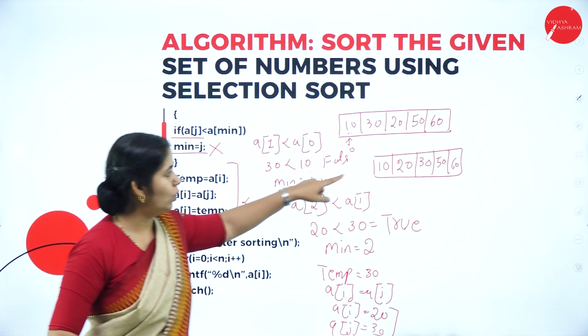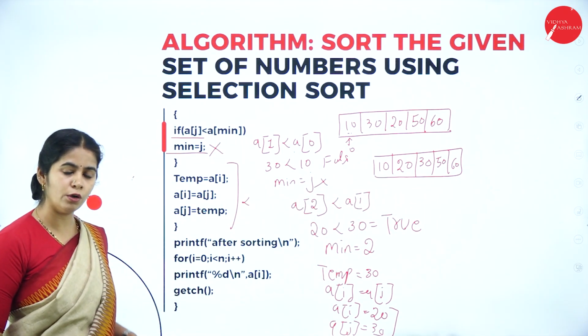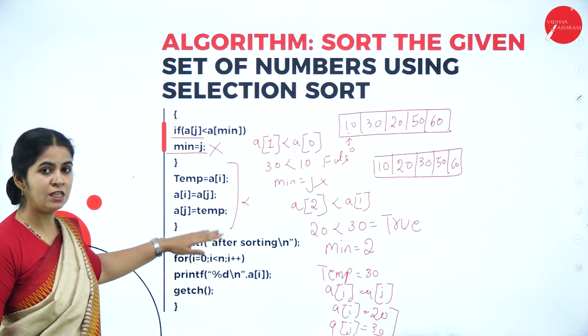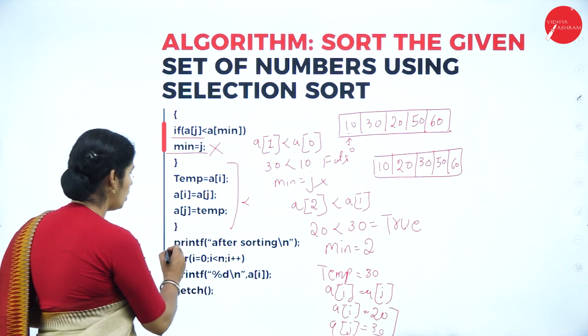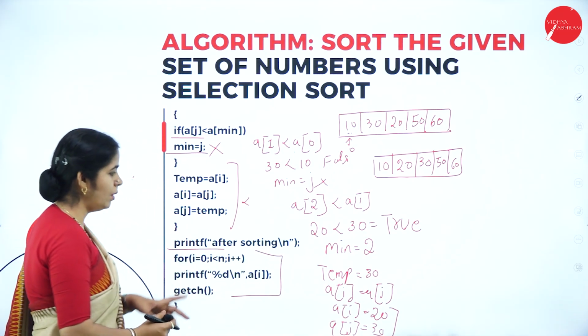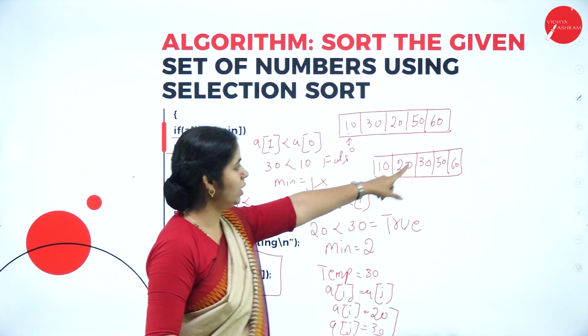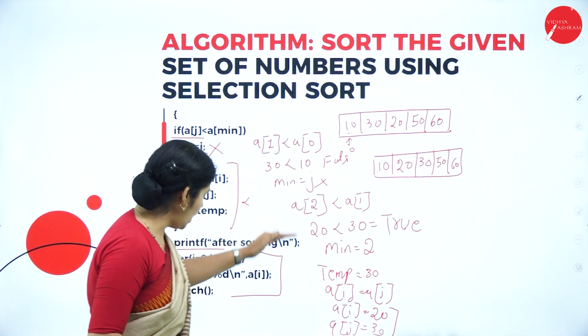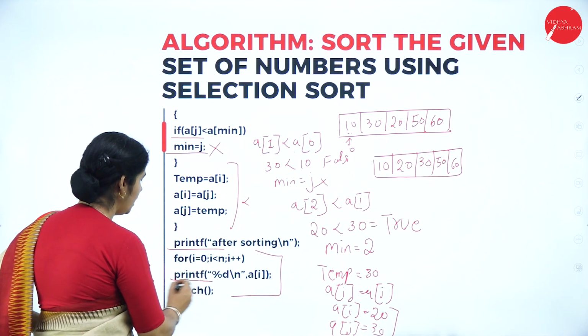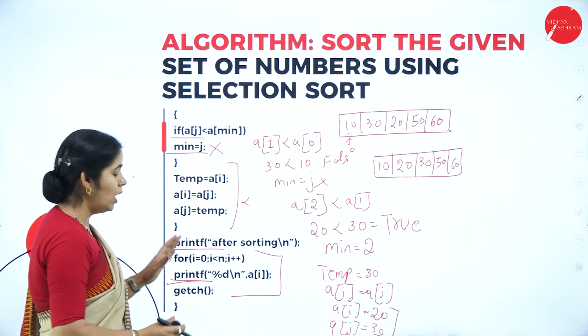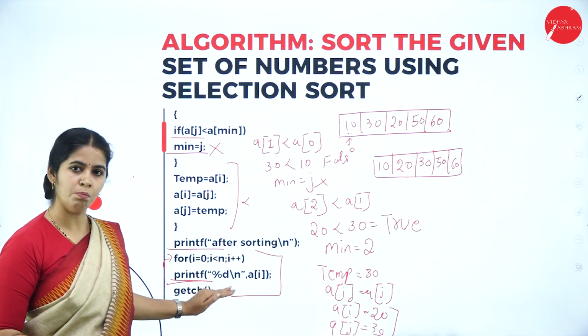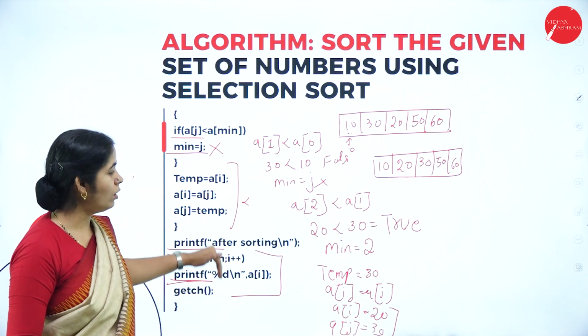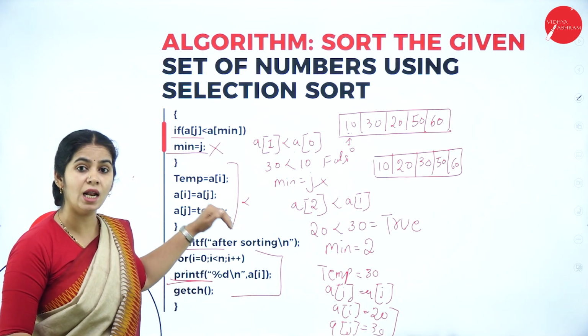So this is how we are going to sort the elements of the array using selection sort. After sorting, we have to print the elements of the array as 10, 20, 30, 50 and 60. That will be done by using the printf statement within the for loop, and we are coming out of the main function. This is what we are doing using selection sort.